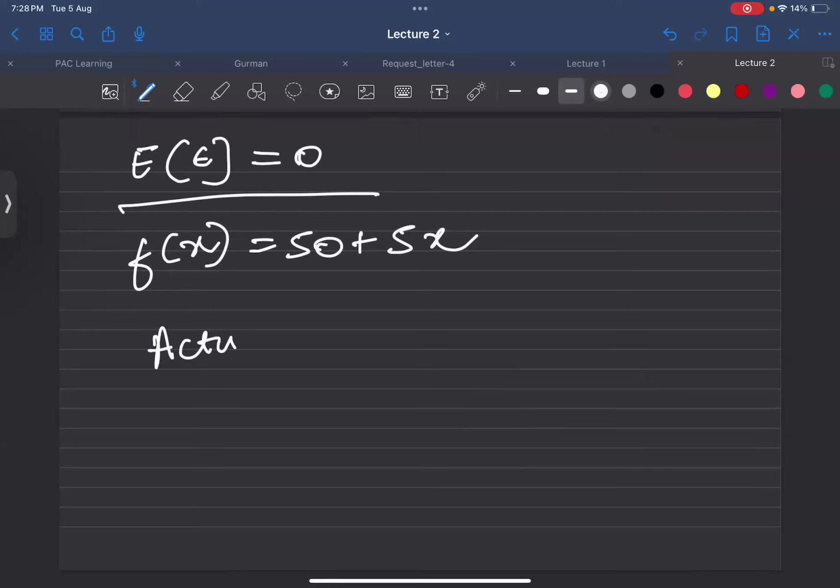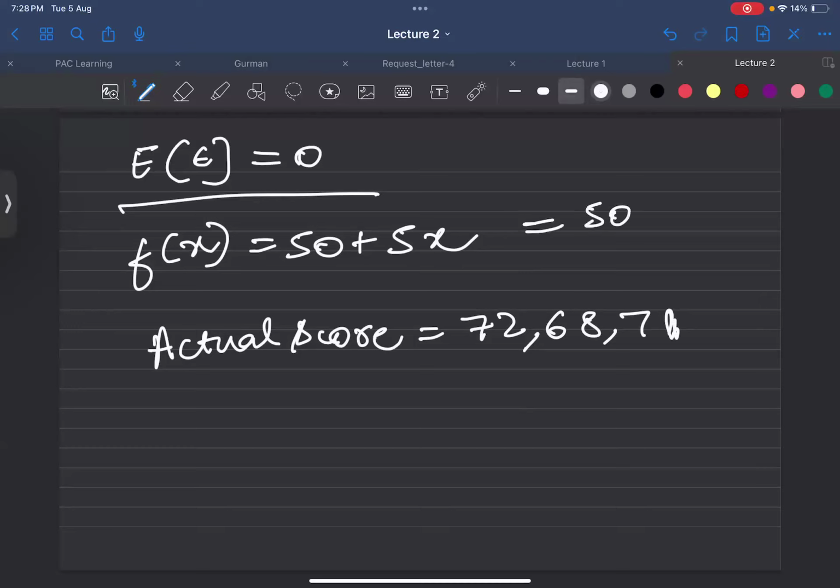Our students studied, and how much is the score? Let's take that example. Suppose the students studied for 4 hours and the score is 50 plus 5 into 4, that is 70 here. So it is the actual score.